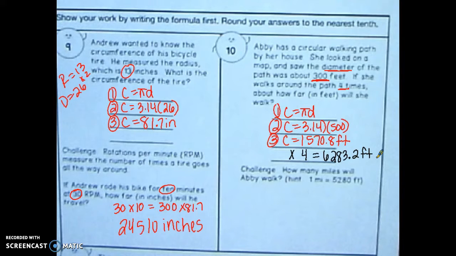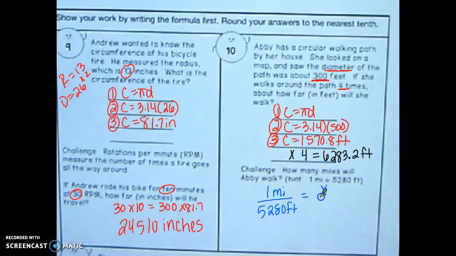How many miles will she walk? So if 1 mile is 5,280 feet, this goes back to scale factor that we did at the beginning of the year. 1 mile is 5,280 feet. We want to know how many miles is 6,283.2 feet.